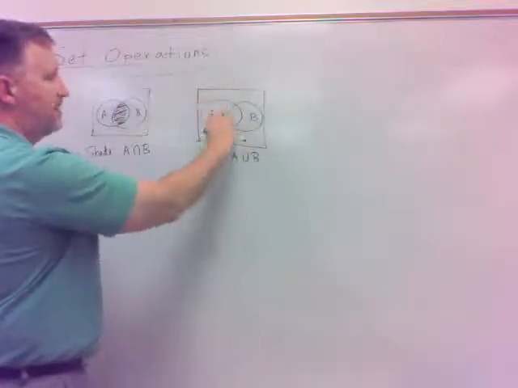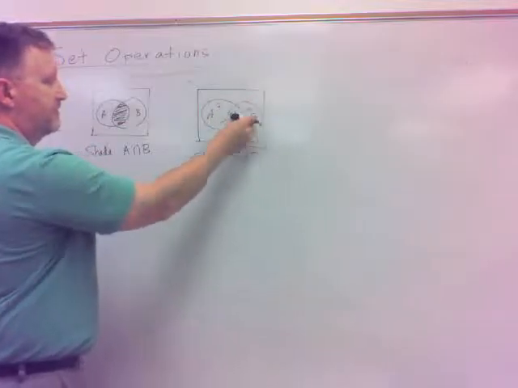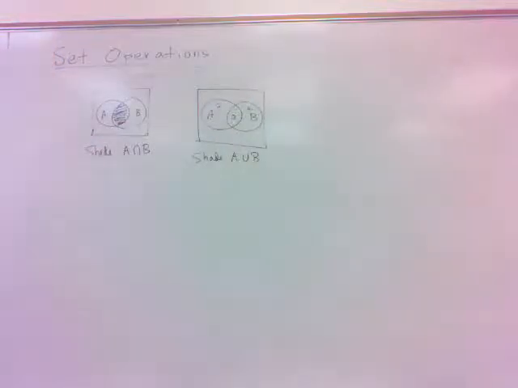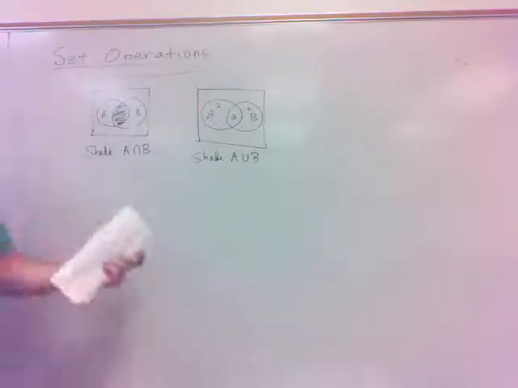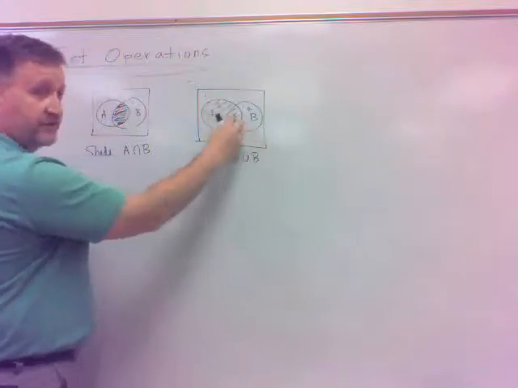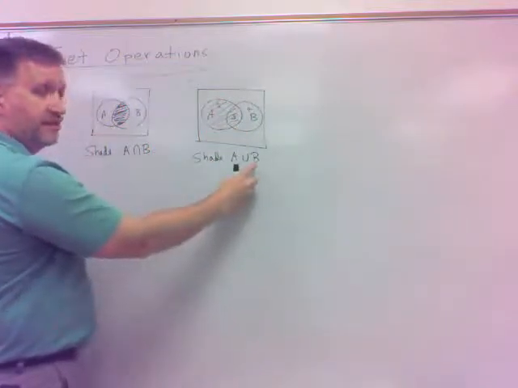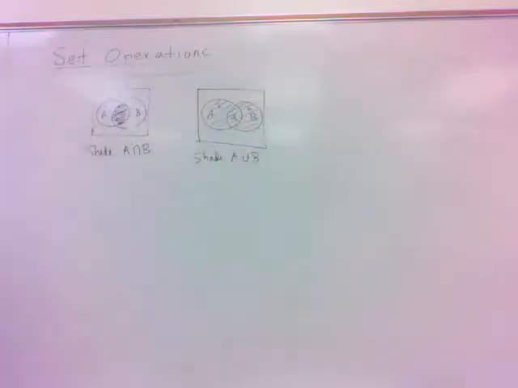Then I'd have this moon shape, part of A. Then I'd have this middle piece, and then the moon shape of B. So which parts would I shade for A union B? Well, union means take everything in A, so I'd shade everything in A, which includes the 3, doesn't it? And then I'd shade everything in B, so I would shade 3 and 4, because I already got 3 shaded. Yeah, A union B would be the 2, 3, and 4 parts, right? Everything in A combined with everything in B, that's union.